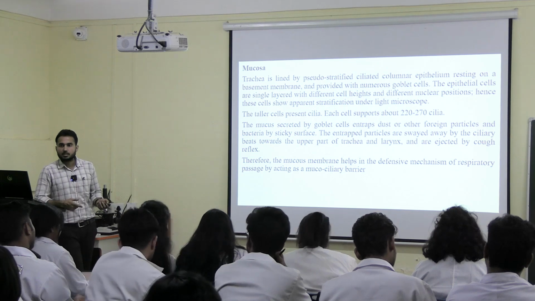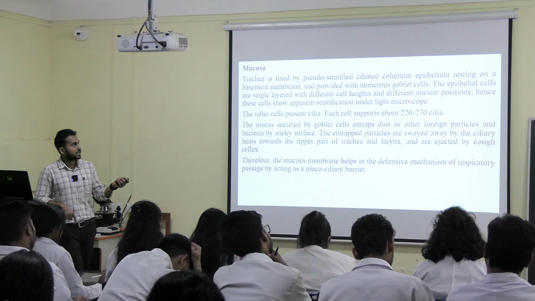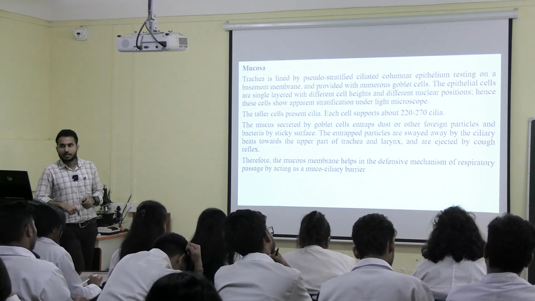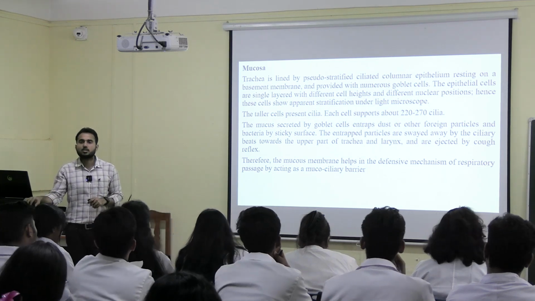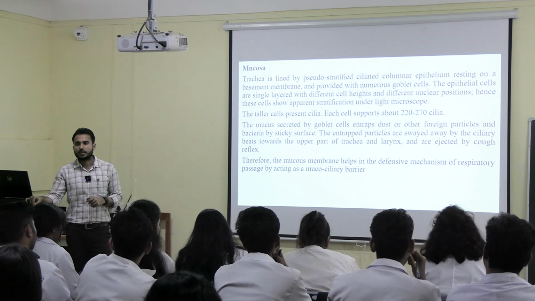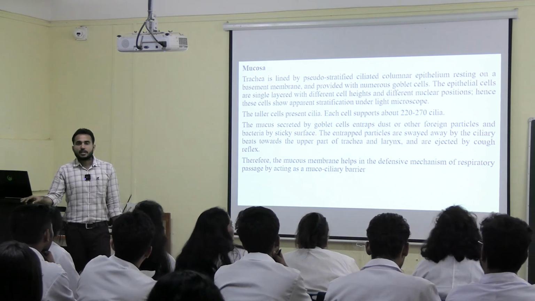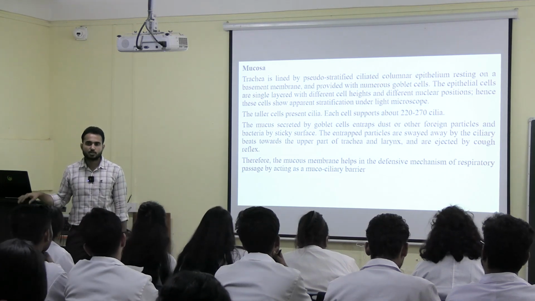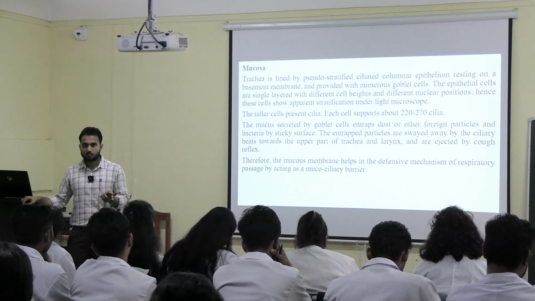Along with the lining epithelium, another type of cells are there, and these are called goblet cells. Numerous goblet cells are present. Okay. Now, how will you identify between the lining epithelium and goblet cells? Any idea? When you see the slide, lining epithelium, I know you have studied about pseudostratified. You know the features of pseudostratified. If no, go and study.